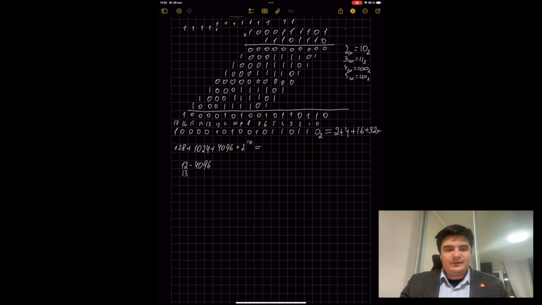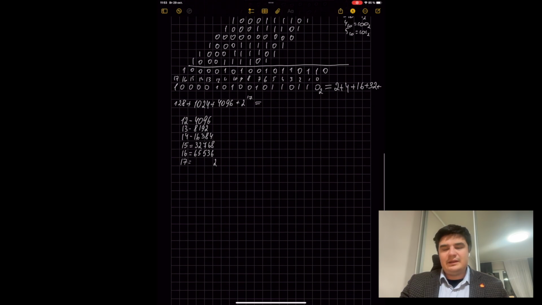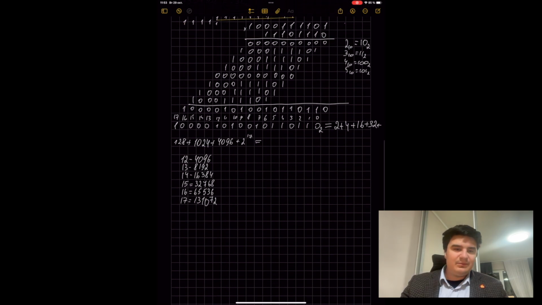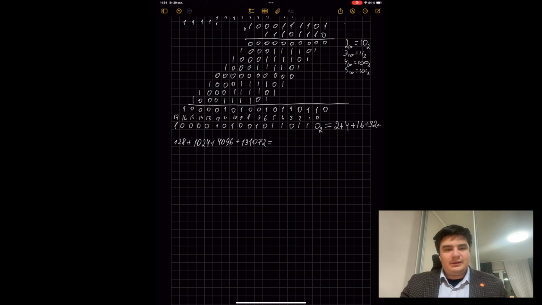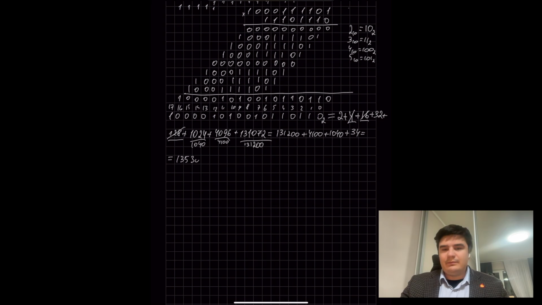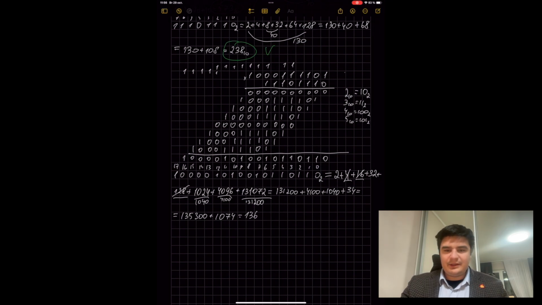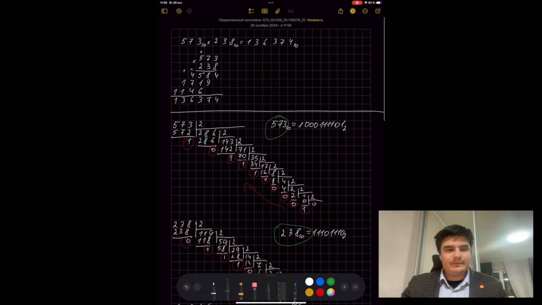Since 2 to the 17th power is not a common value to remember, we'll calculate it directly. 2 to the 12th power is 4096, and we'll continue doubling until we reach the 17th power. Calculating carefully, we get the sum, which equals 136,374 in decimal, matching the result we obtained when we calculated in the decimal system.